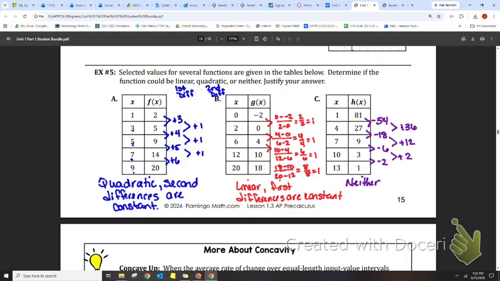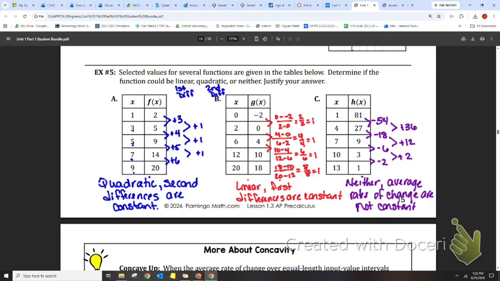And so the reason is because we could say average rates of change are not constant.